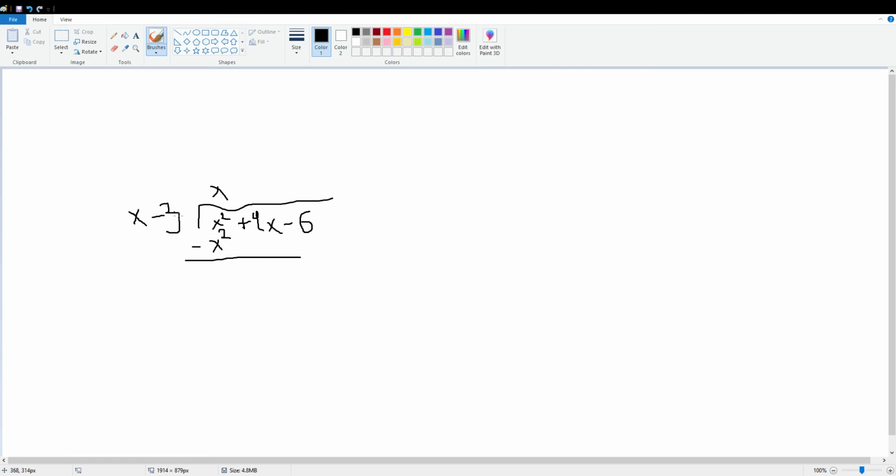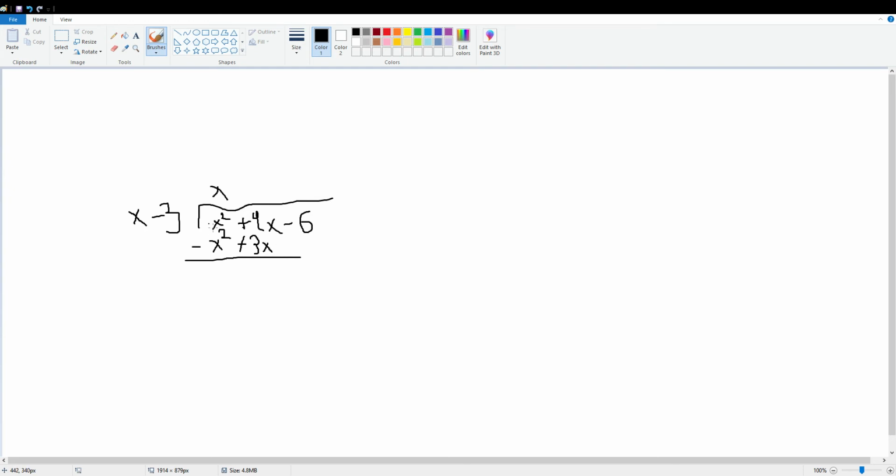But we also have to take into consideration the negative 3. We would also have to multiply the negative 3 by the x, which would get negative 3x. And we wouldn't minus 3x, which is a common misconception. We would actually minus negative 3x, which would basically be adding 3x.